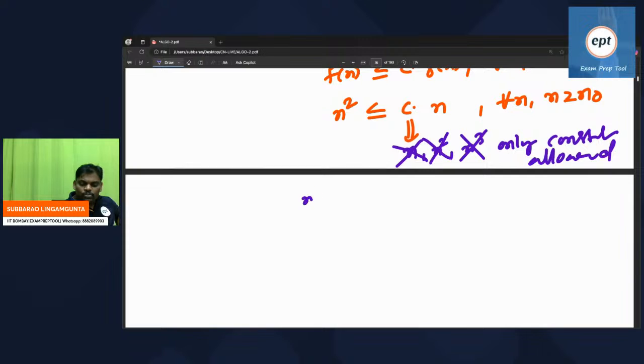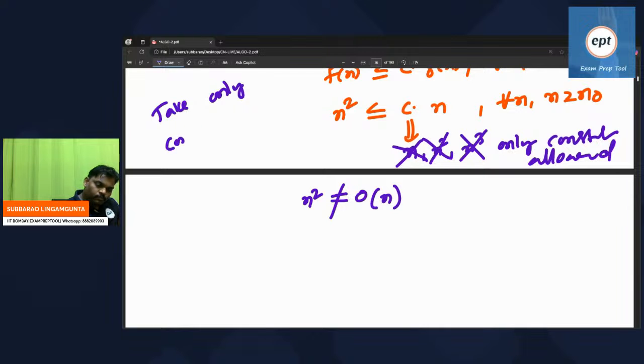So n square is big O of n is not possible. Take only constant help.